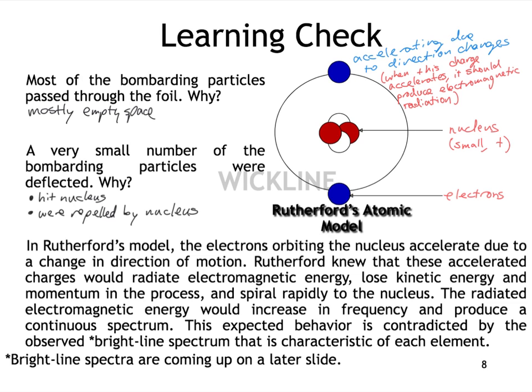So basically, Rutherford was thinking that as these electrons spin around the nucleus, they're losing energy, and they're going to be spinning closer and closer to the nucleus until they collide and collapse into the nucleus. But he noticed that didn't happen. So he knew there was something else to this, but he was able to predict that if the electrons were just particles moving around the nucleus, then they would eventually collapse in.